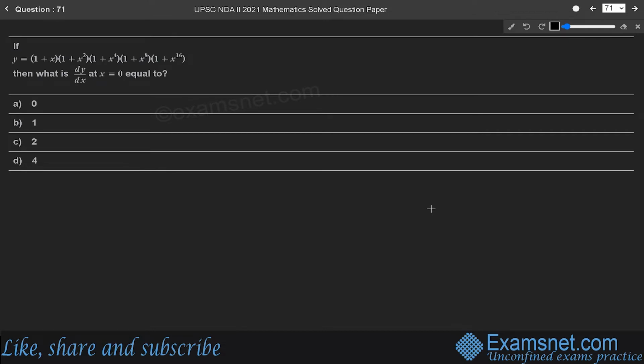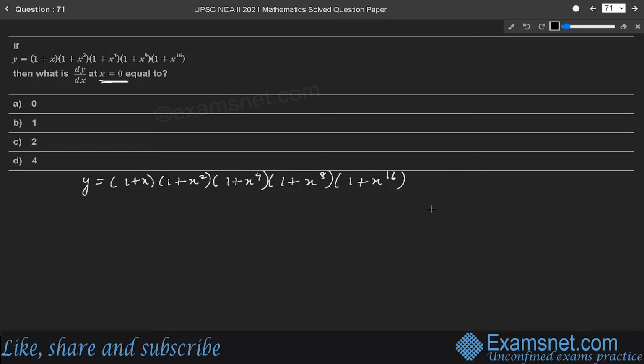Next question is, if y is equal to (1 plus x) into (1 plus x square) into (1 plus x to the power 4) into (1 plus x to the power 8) into (1 plus x to the power 16), then what is dy by dx at x equal to 0? We have to find dy by dx. So taking log both sides.